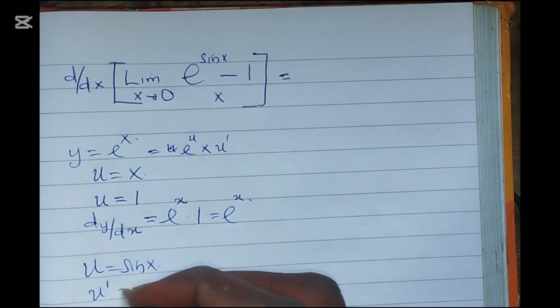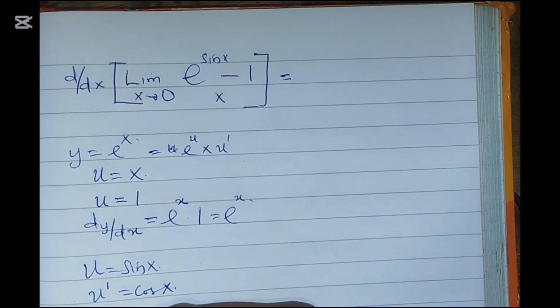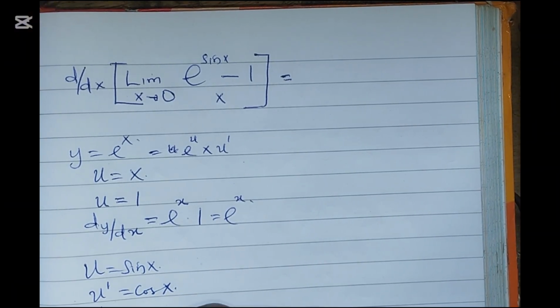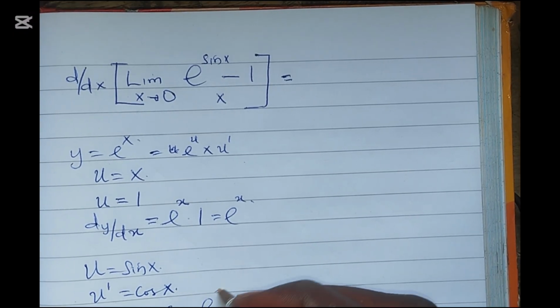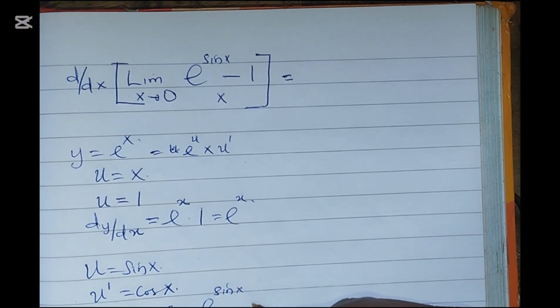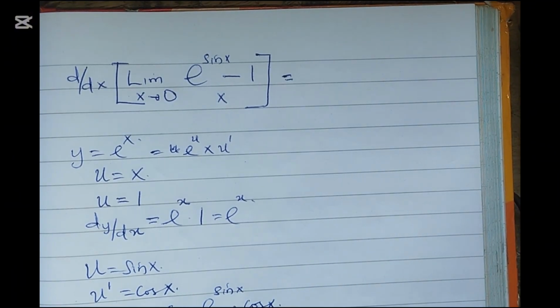Our u prime is cosine x, which means that our dy/dx is e to the u, that is e to the sine x, multiplied by u prime, cosine x.